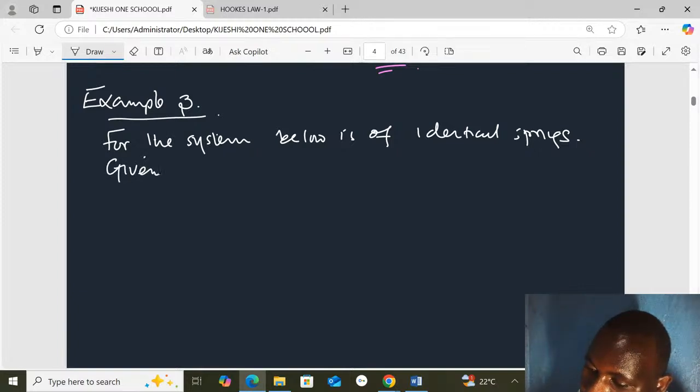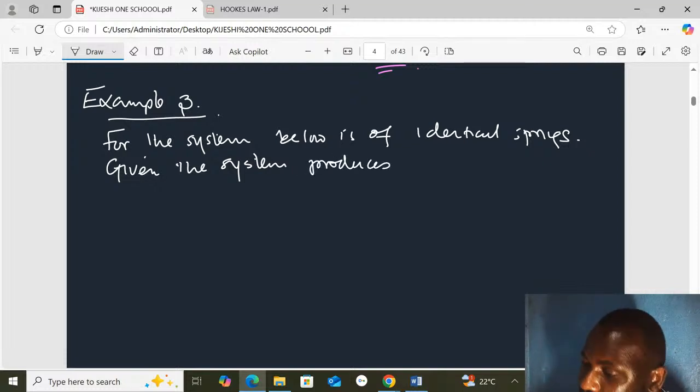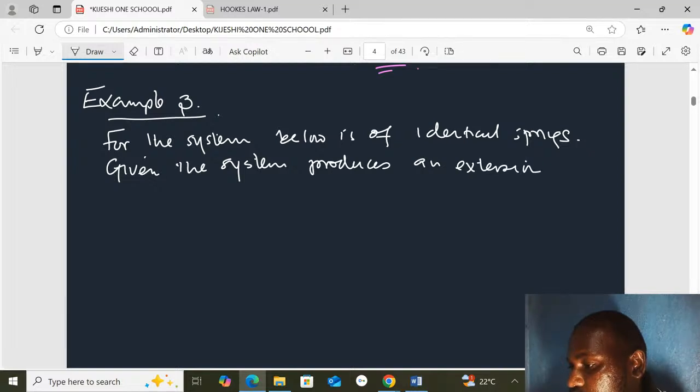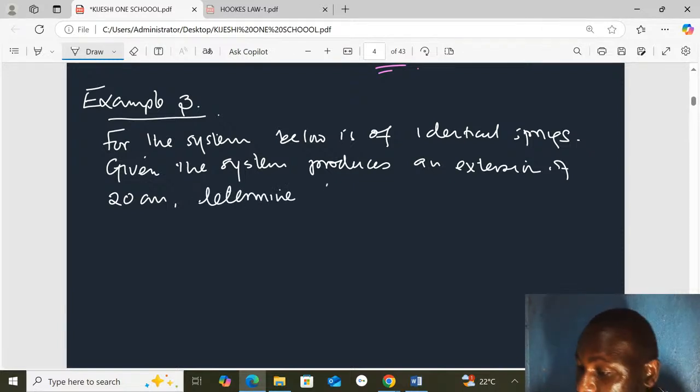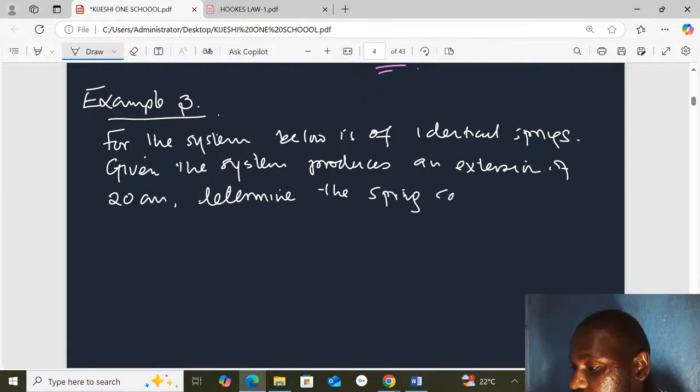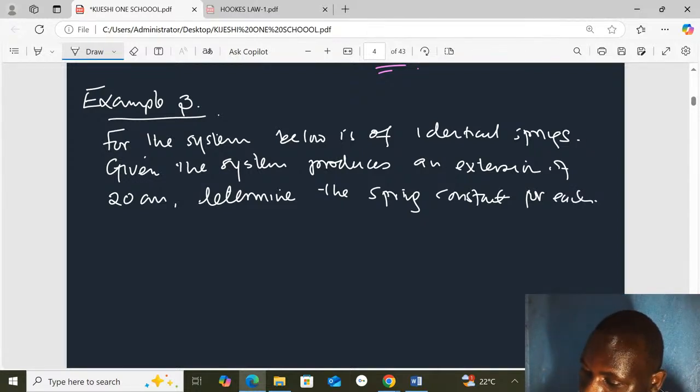Given that the system produces an extension of 20 centimeters, determine the spring constant for each. Then here is the diagram.